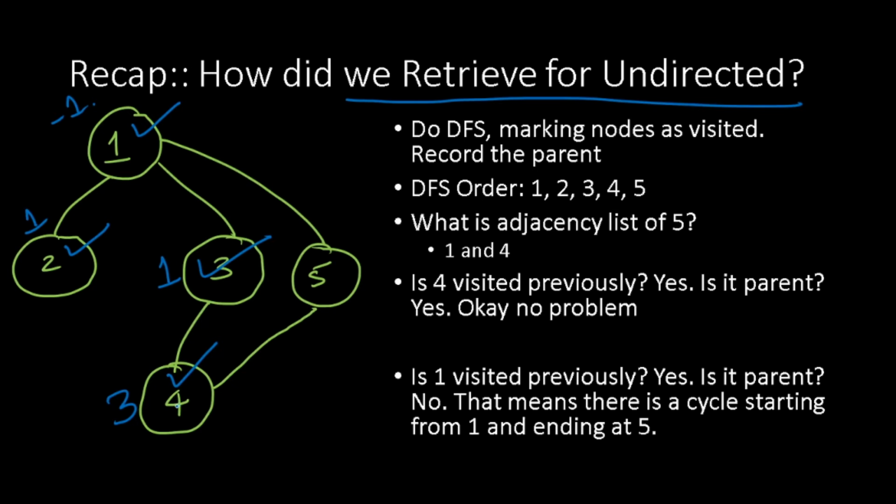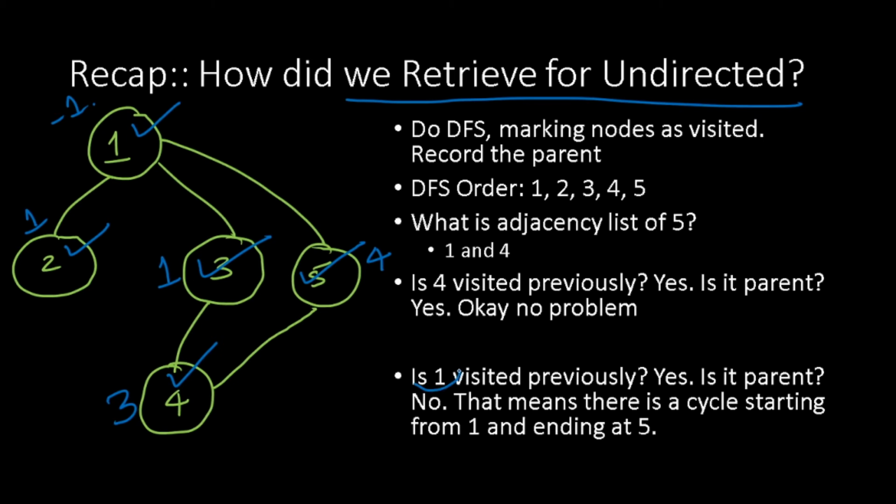Now 4, does it have any other unvisited neighbor? It has an unvisited neighbor, which is 5. 5 is also marked as visited. Now what is the parent of 5? The parent of 5 is 4 because we walked in from 4. Does 5 have any child, visited or unvisited? Yes, the child is 1.